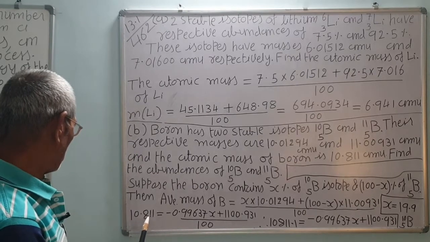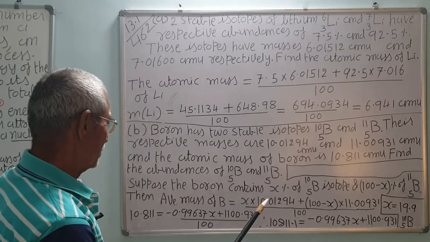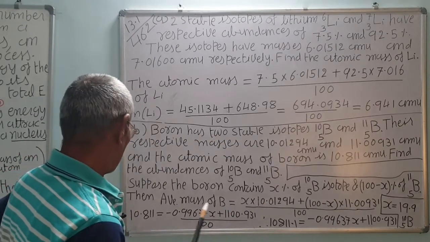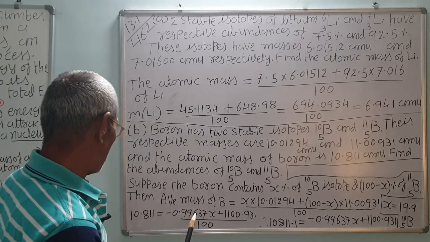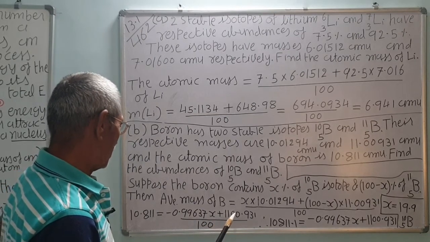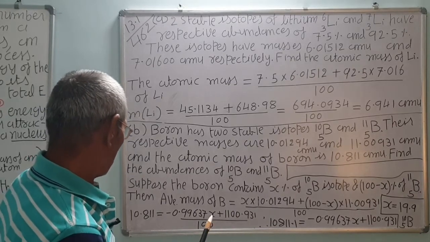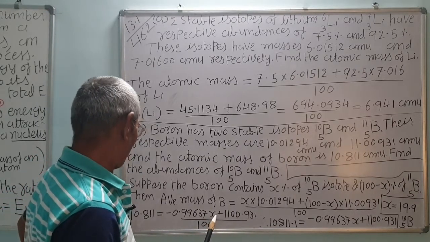So 10.811 is equal to (10.01294x plus 11.0093 times (100 minus x)) divided by 100. Now you have to calculate the x.